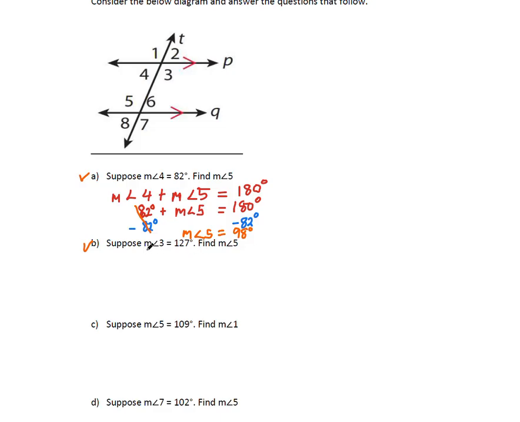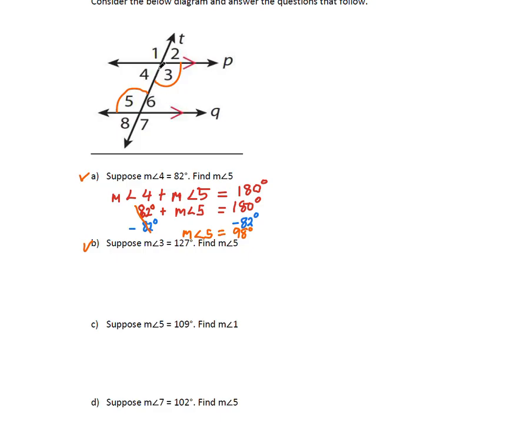If this is angle 3 and this is angle 5, which they are, let us identify what properties these two angles satisfy. First of all, angles 3 and 5 are inside of the two parallel lines, P and Q. So because they are inside of the two parallel lines, we consider them to be interior angles.